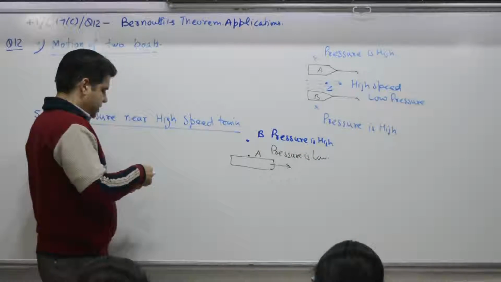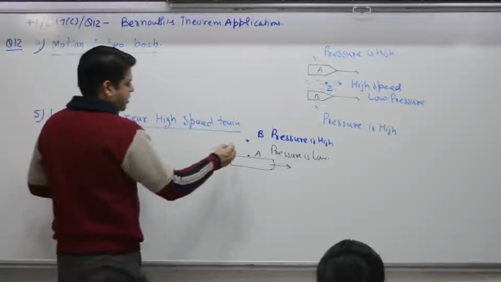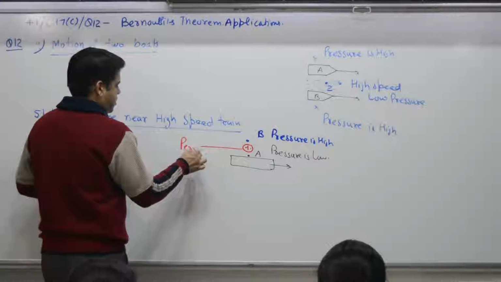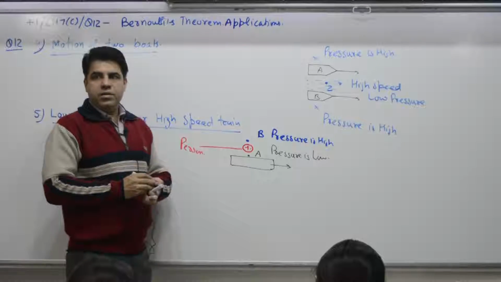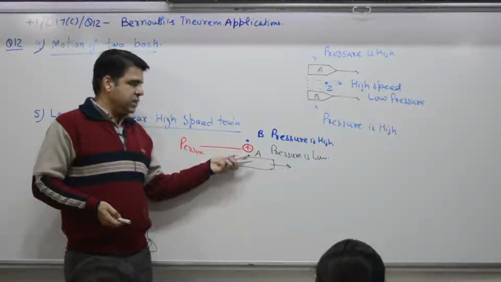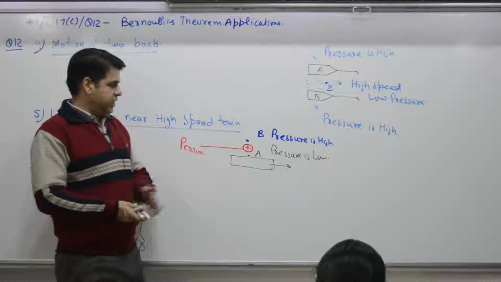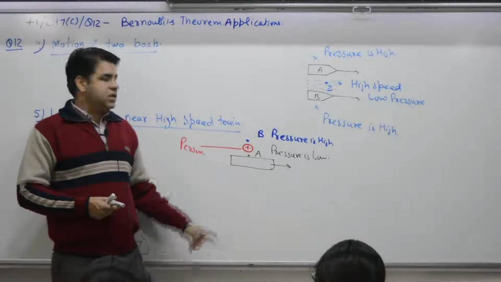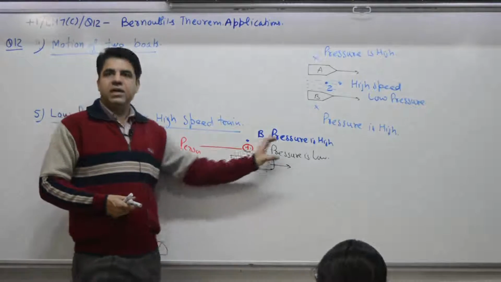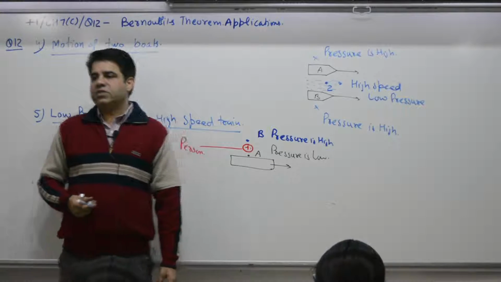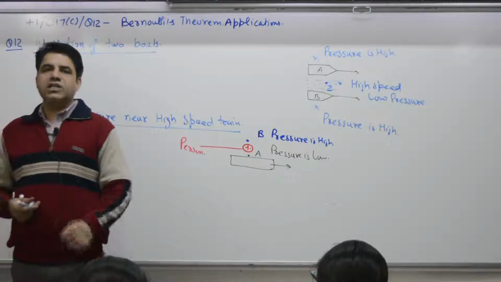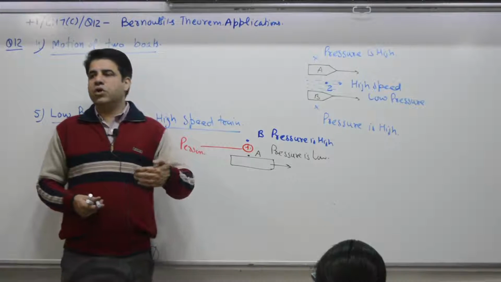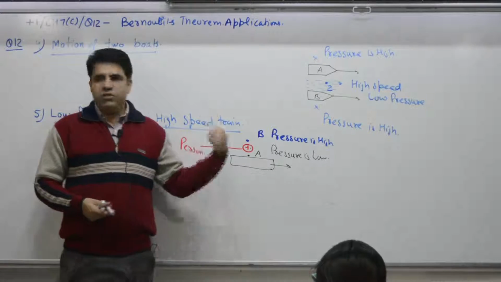In case there is a person standing here, pressure at B is high, pressure at A is low. That is why there is an inward push on the person and the person may get sucked in near a fast moving train. That is why there is a line drawn and an advisory not to move beyond that point. 1 minute with you to write this one.